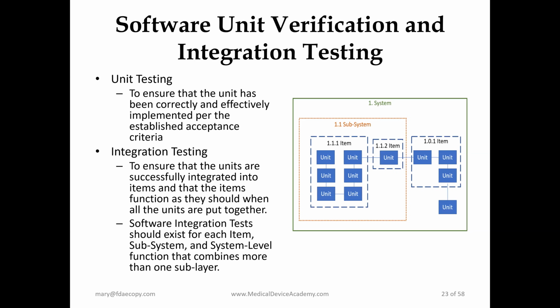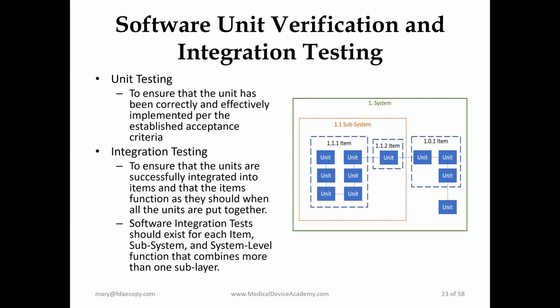Here we're back at this architecture diagram. So you can use that to determine what would be a unit test versus what different systems or items you need to test in integration testing. For unit testing, you need to ensure that the unit has been correctly and effectively implemented per the established acceptance criteria.